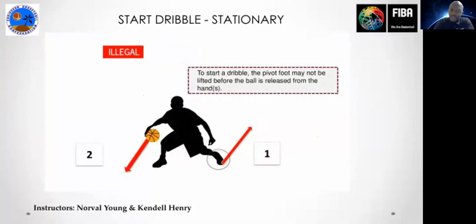And as was just stated, this is the opposite, where the pivot is the left foot, and the ball is not released from the hand before the pivot foot lifts from the floor. Hence, we have a travel.